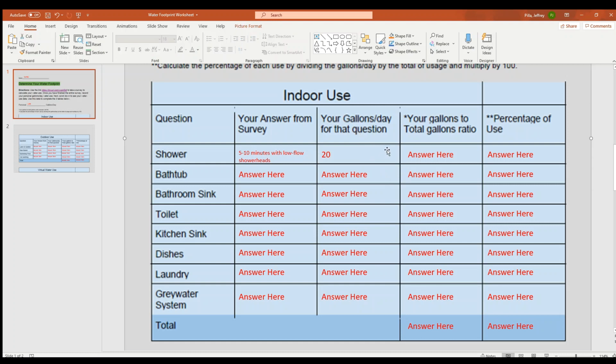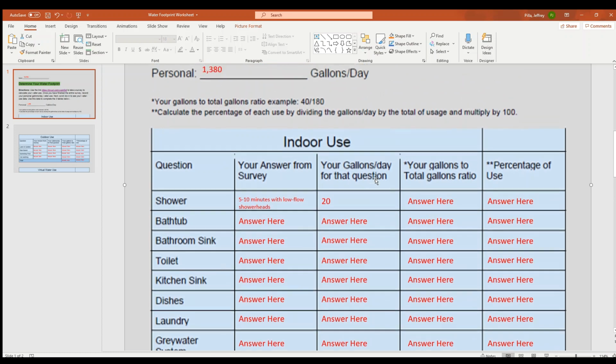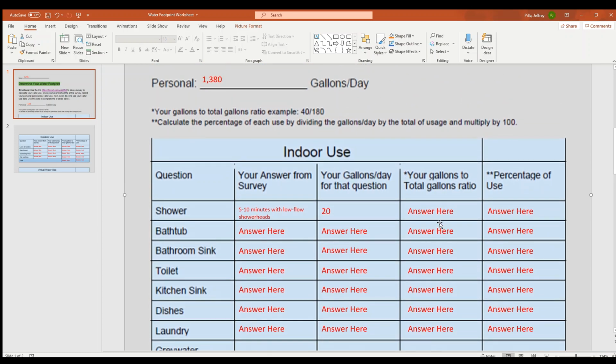Now, here's where you're going to have to do a little bit of math. So it says, for this column here, your gallons to total gallons ratio. So your gallons for showers, for my example, I use about 20 gallons per day in the shower. So I will write 20.